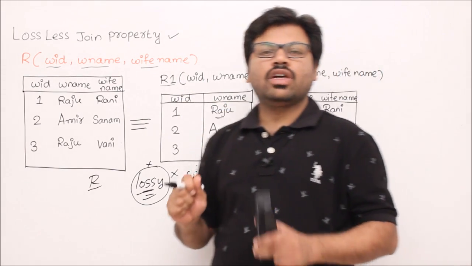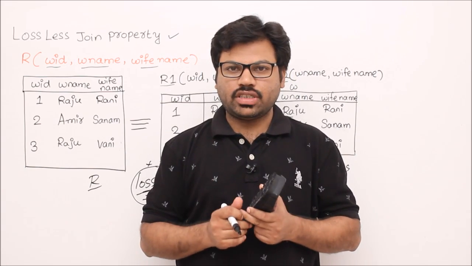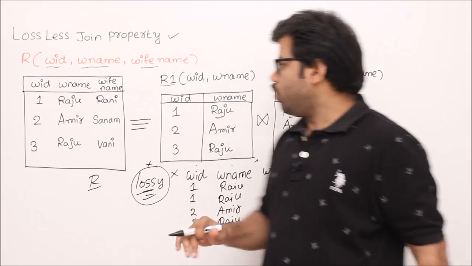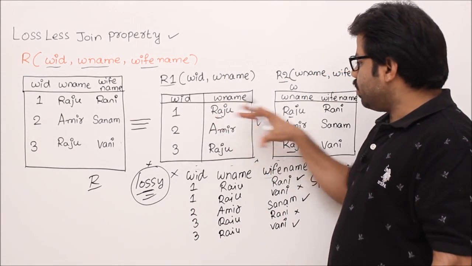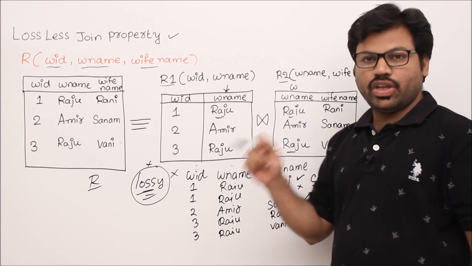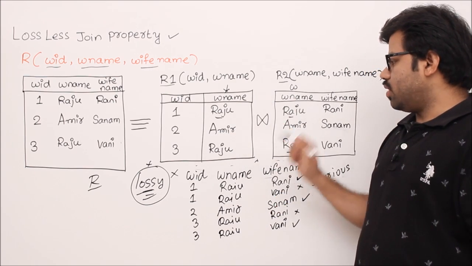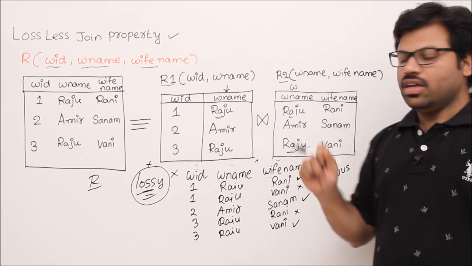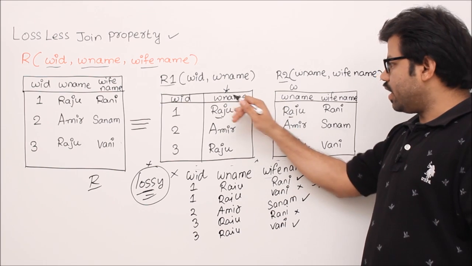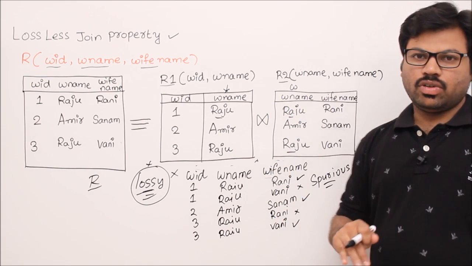Now we will see how to check whether a given decomposition is lossless or not. So now you try to understand what's the mistake here. Taking watchman name which is not a unique attribute, otherwise which is not a key attribute for either of the tables, at least one of the tables, right? So if this watchman name is key of at least one table, then you never get this problem.